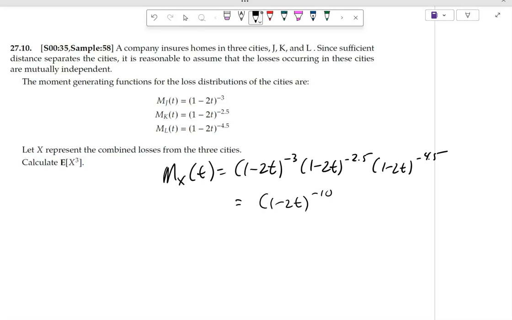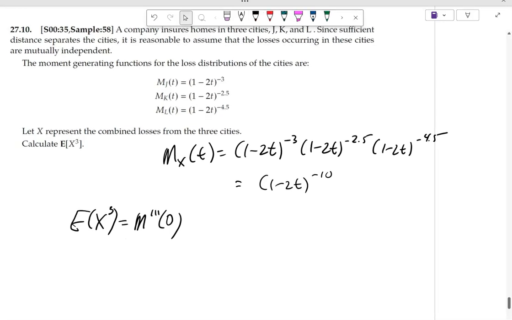Remember, the expected value of x cubed will be the third derivative of the moment generating function plugged in at 0. One of the reasons why I wanted to talk about it is that it reviews that little concept. We're getting close to the final, so I'll try to review as we go along. So, third derivative. Well, that looks like fun.